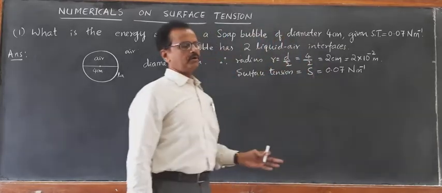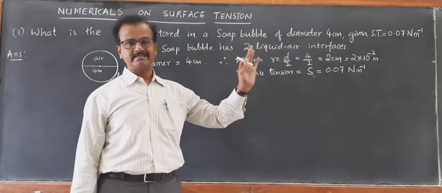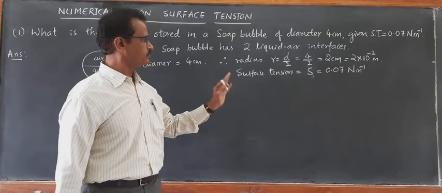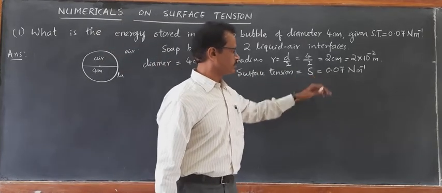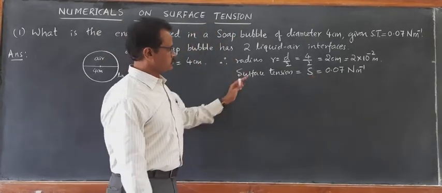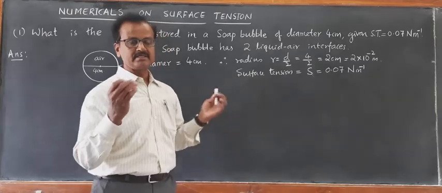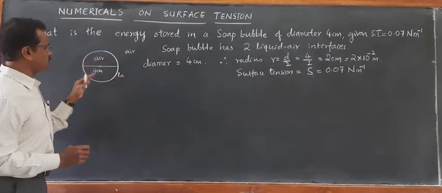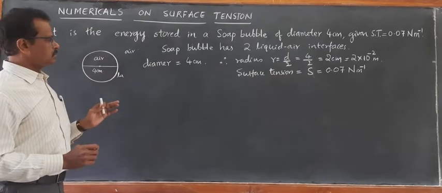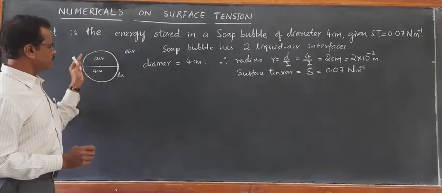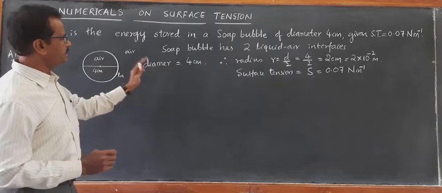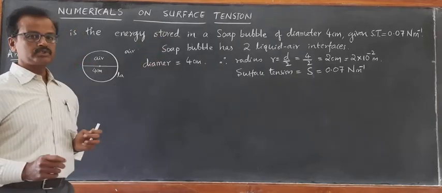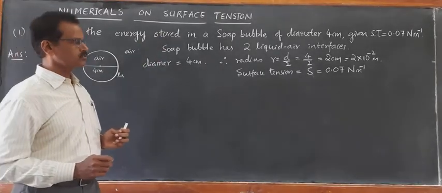In some textbooks or reference books, they have taken it as capital T, so don't get confused. Surface tension is nothing but surface energy per unit area. So how much energy is required to form a soap bubble of this much area? If you calculate, that itself gives you the energy stored in the formation of the soap bubble.